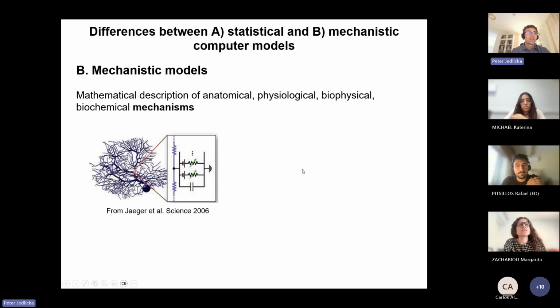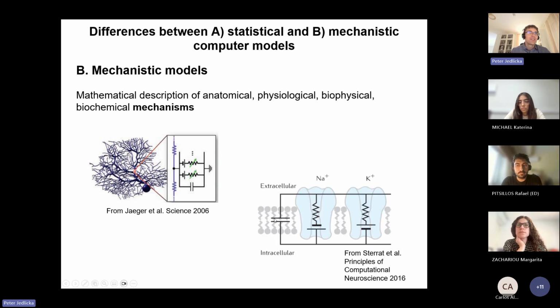So for example, here you can see a nerve cell, which you can represent as an RC circuit. Why is this so? Because a membrane of the neuron can be represented as a capacitor, because to change the voltage across the membrane, you have to distribute the charge, and this is basically a capacitor. And then the ion channels can be represented as conductances.